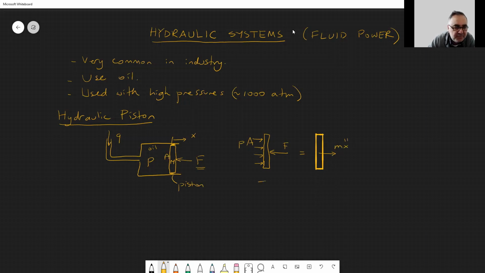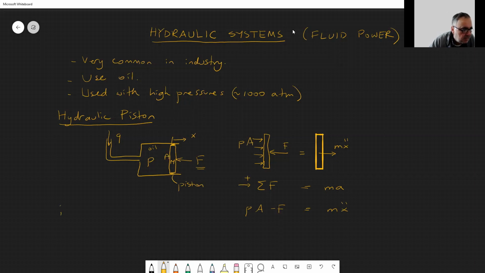So sigma F equals ma, which means that this is the positive direction. PA minus F equals m x double dot is the equation that describes the system.